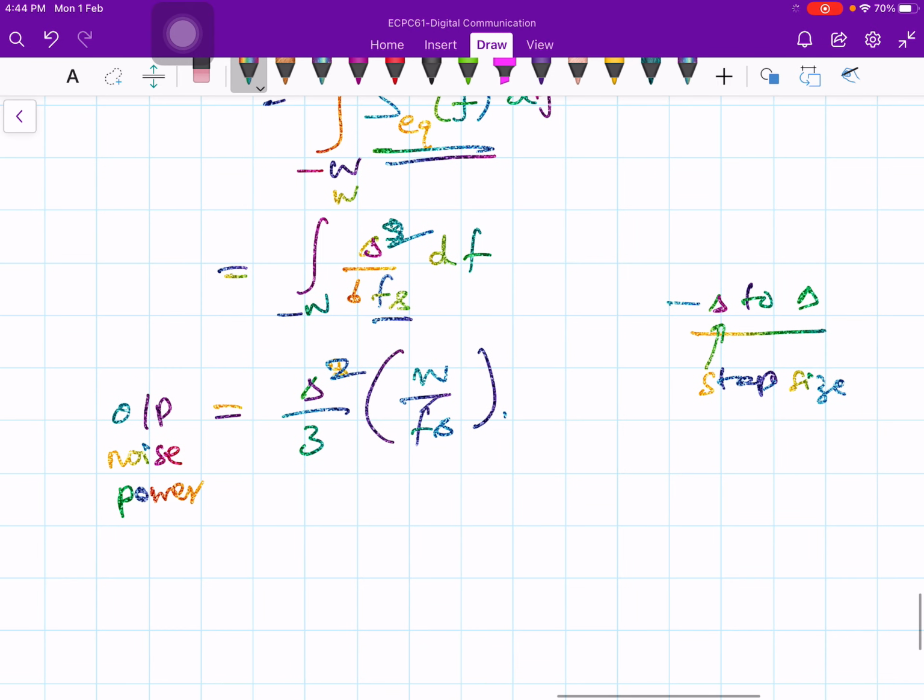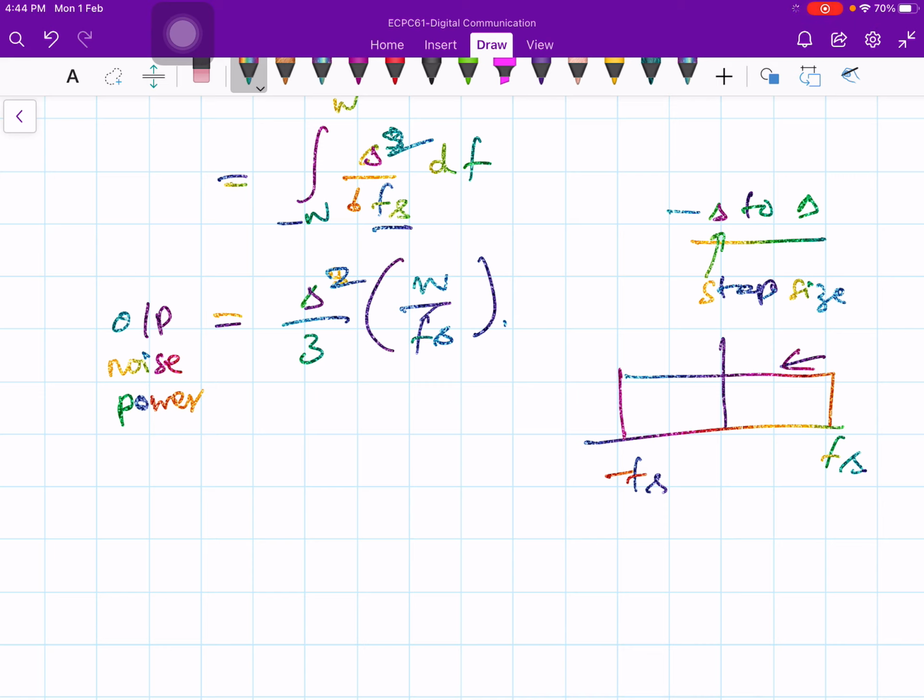Secondly, we said that the power spectral density function of this noise is also uniform, a uniform density between minus Fs to plus Fs. This is my second assumption. Under these two assumptions we could calculate the noise power as seen at the output of the low pass filter, and this noise power is this much.